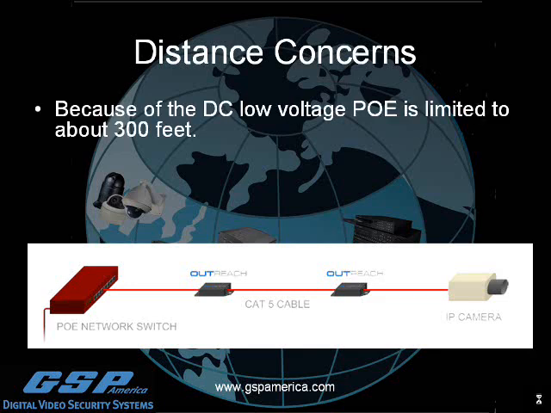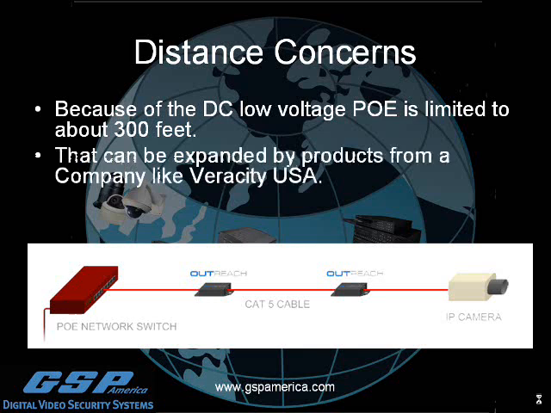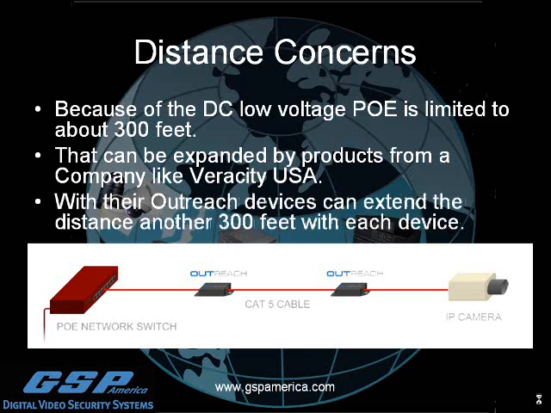Basically, they provide a mid-span injector, or an extender, that can increase the distance. Here's a picture and example of one of their products called Outreach that takes a POE network switch. You add this device, you can then extend another 300 feet, add another device, extend another 300 feet. So this gives you the opportunity to extend a much longer distance for your cameras.